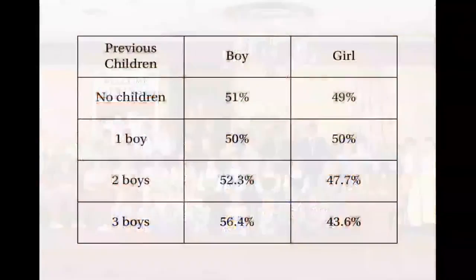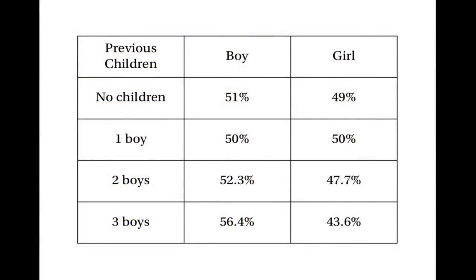But even apart from the issue of identical twins, it seems that the trials are not independent. The probability of having a girl depends on the sex of previously born children. For example, if the child is the first to be born, then the probability that it's a girl is 49%.